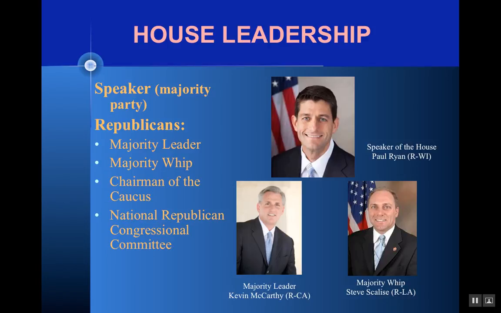And underneath that position is what is known as the Majority Whip. He's like second in command for the majority party. This is Steve Scalise, and he's a Republican as well. What the Majority Whip does is try to help whip their party into shape, which is where the idea of Majority Whip comes from.